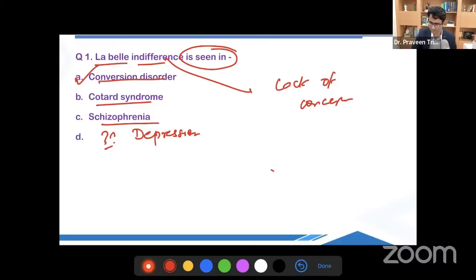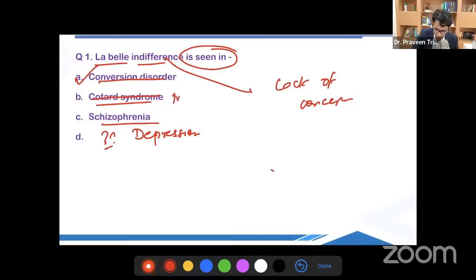What was the 4th option? Was Cotard syndrome in the options or not? Okay, everybody is saying mania, depression, and conversion. Cotard was not there in the options.